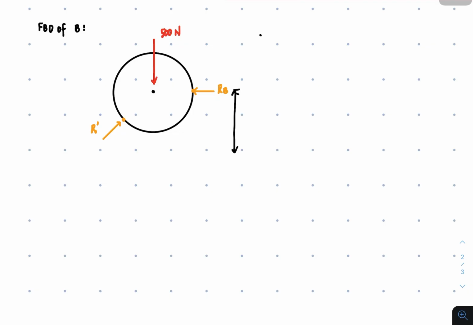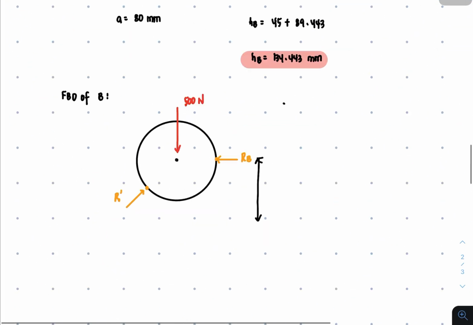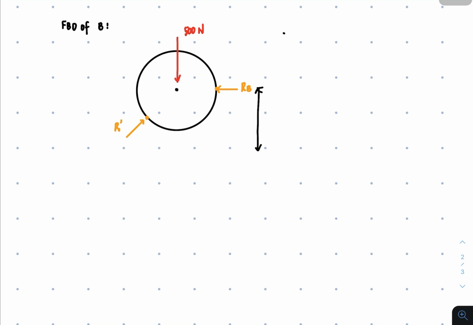Okay, for reaction prime, basically we need a triangle, because we are going to get the r prime. Our objective is to get r prime and rb, so we will have r prime and rb.